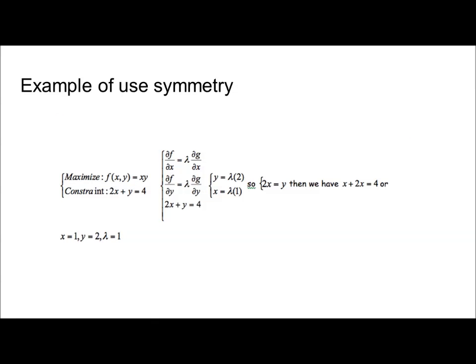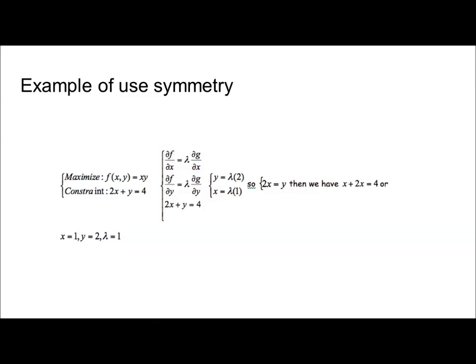Now let us try some examples. Find the maximum value of f of x, y equals xy subject to the constraint that 2x plus y equals 4. Our first step is to find the partial derivatives of f with respect to x and y, which equal the partial derivatives of g with respect to x and y, multiplied by lambda.